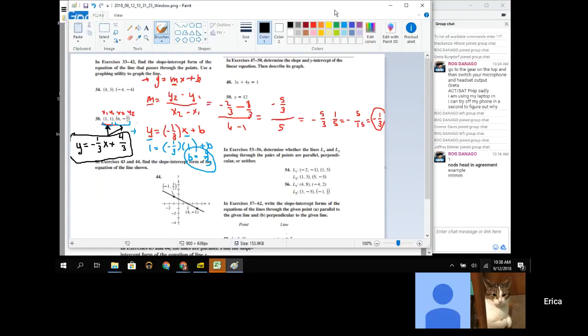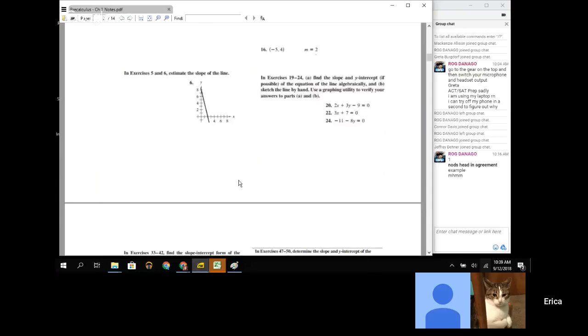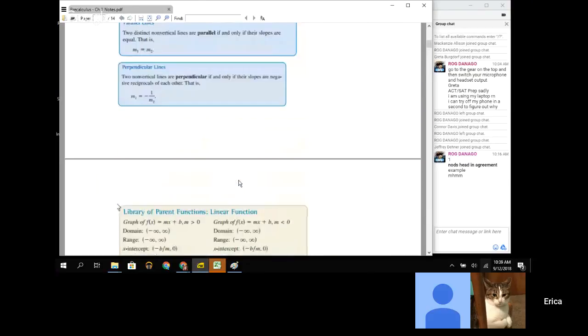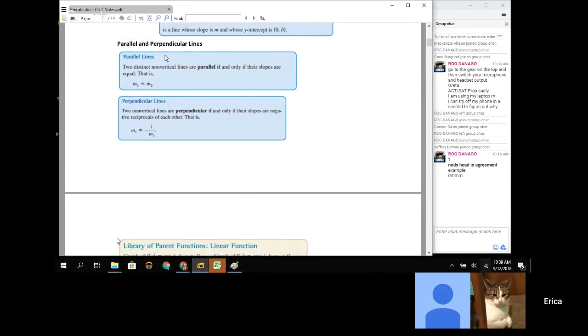Okay. The last few problems have to do with something we talked about right at the end of class. Not only do we need to know about the slope of the line, but how do we know if two lines are parallel or perpendicular? So remember, parallel is the easy one, right? Parallel lines have the same slope.